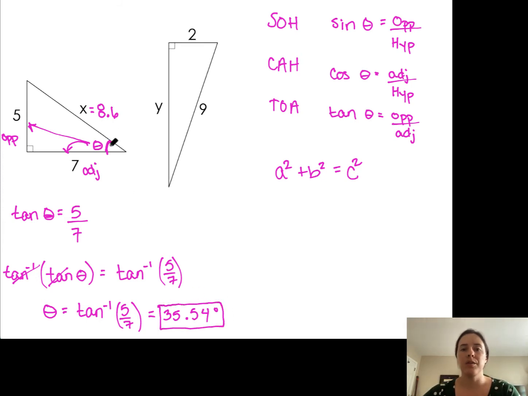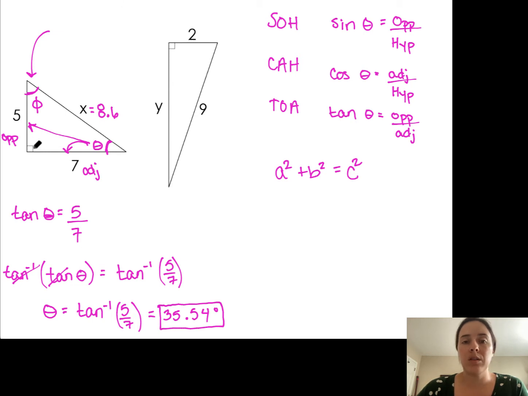All right, so if this angle is 35.54 degrees, we can then figure out this angle up here. So let's call this angle phi. So now we could either go through the exact same process, or we could use our knowledge that the angles inside of a triangle have to add up to 180 degrees.